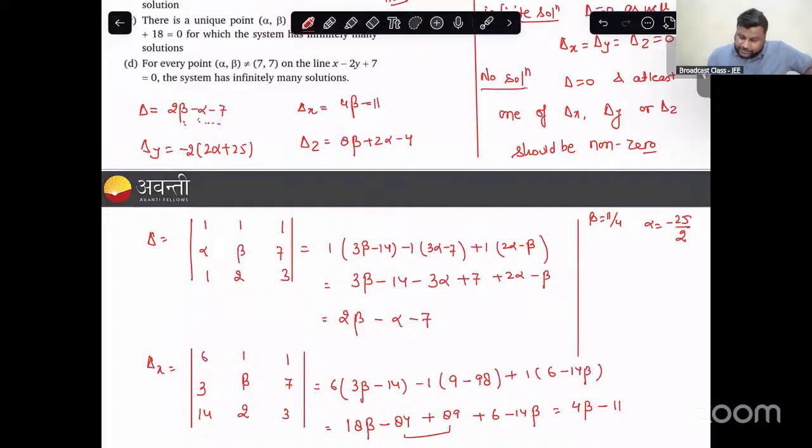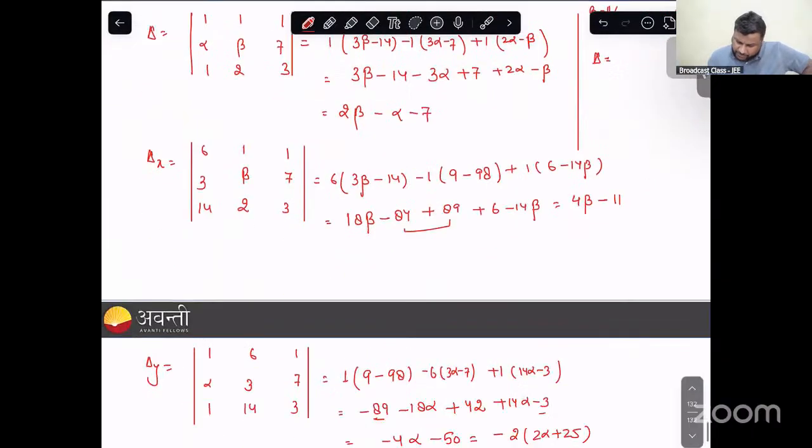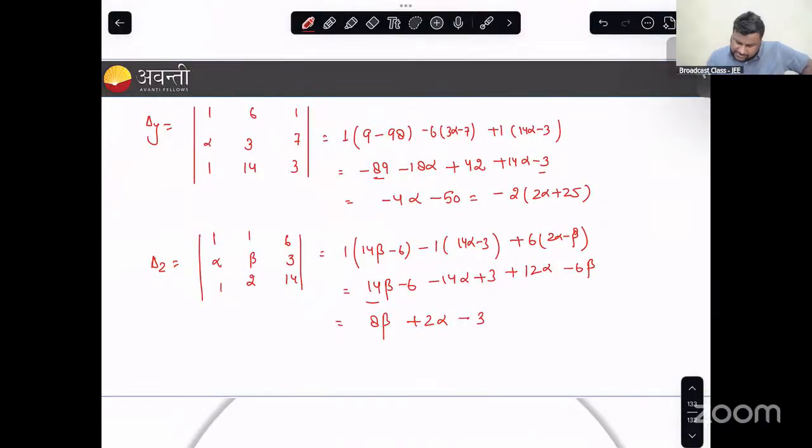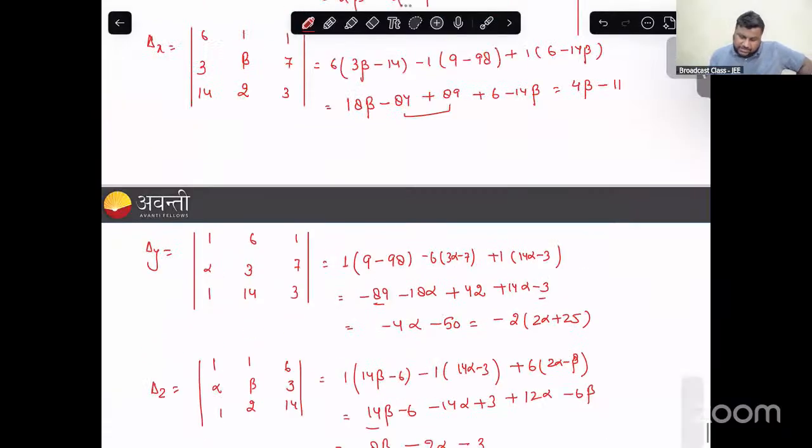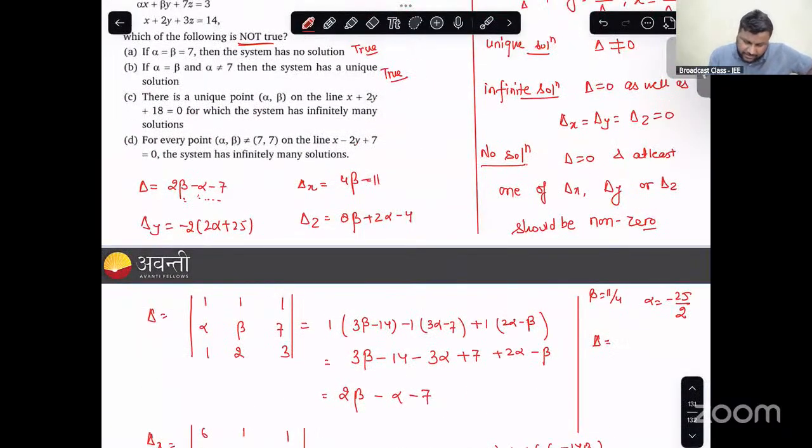At these points, what is delta? Delta is 8 beta minus 2 alpha, just a moment. Yes, sorry. 8 beta minus 2 alpha minus 3. Thank you.